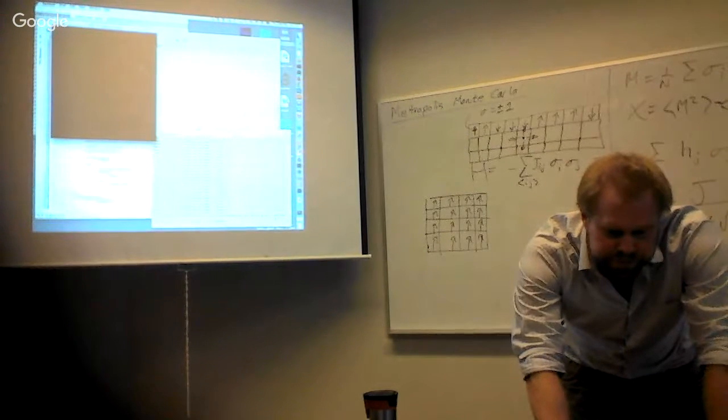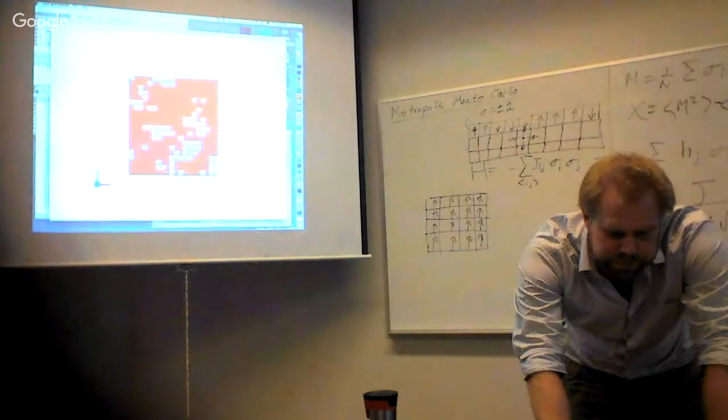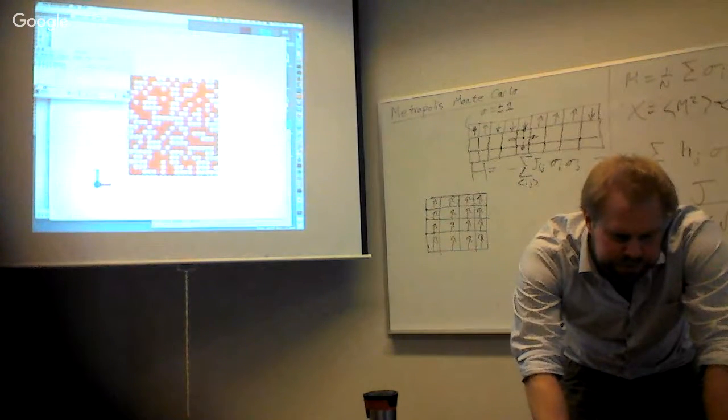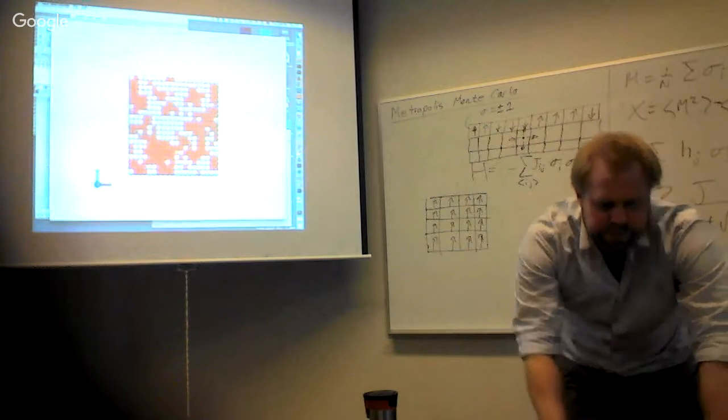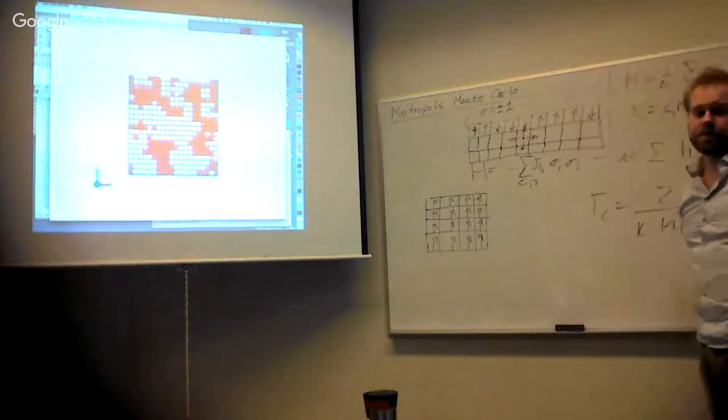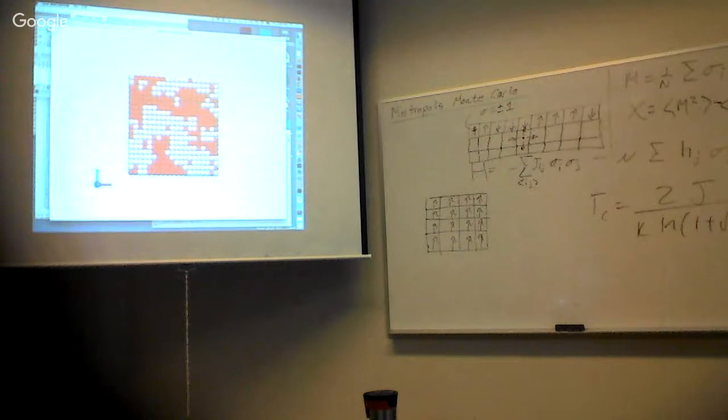Yeah, that one we just watched is still kind of the same thing. So now I'm just on the other side of the phase transition where we expect it. And you start to see that the domains aren't as big, right?